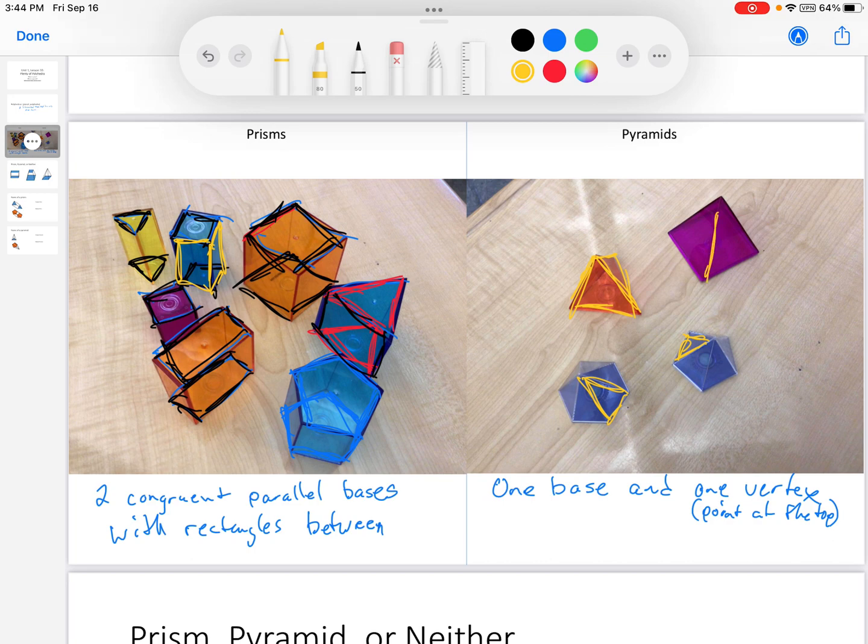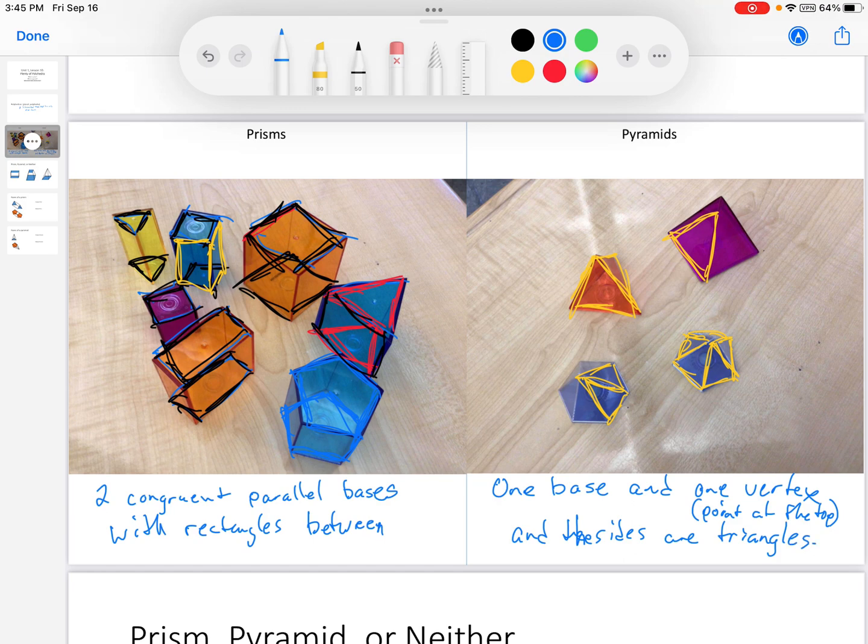No matter what shape the base is, the sides of the pyramid are triangles. And they kind of have to be because they're coming to a point, and a triangle is a shape that comes to a point, right? So it is one base and one vertex, which is a point at the top, and the sides are triangles. And that's what makes it a pyramid.